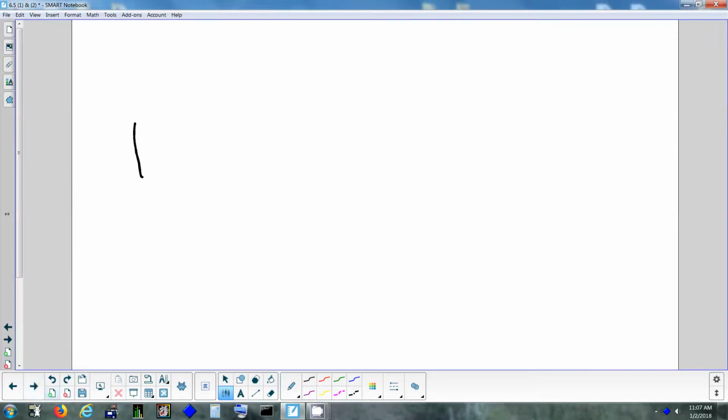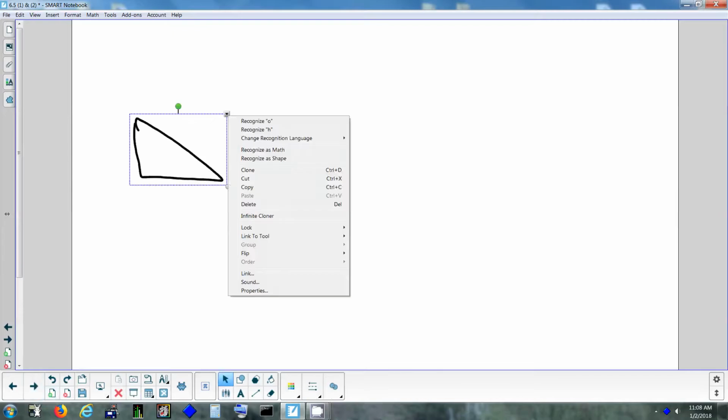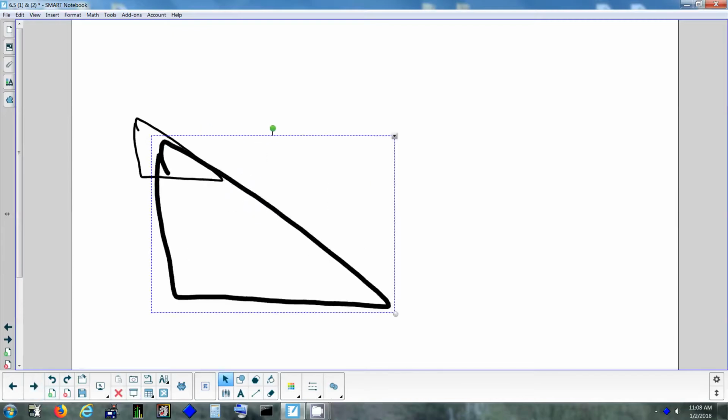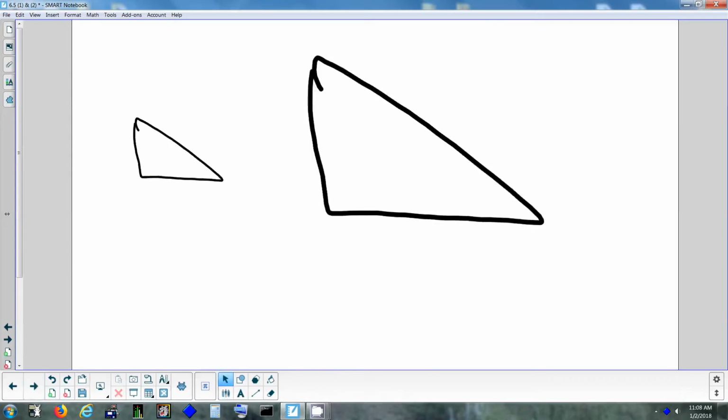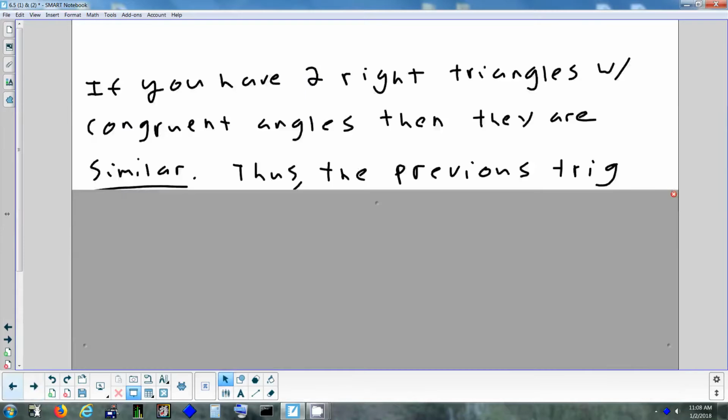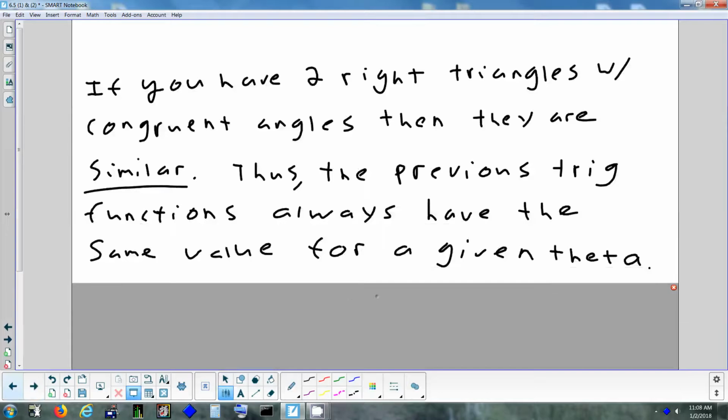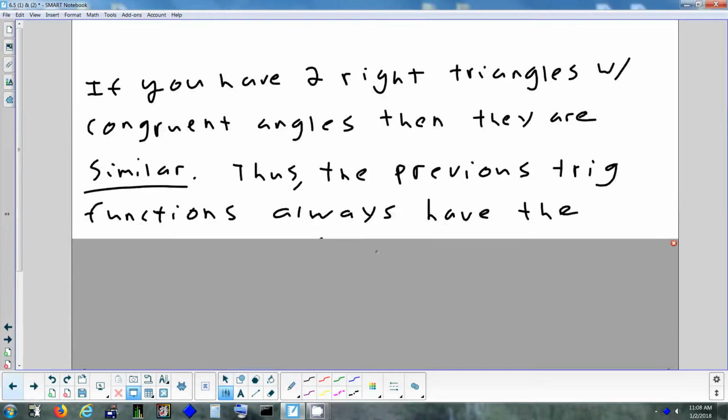You could have 45, 45, 90 that big, or that big. Those triangles are similar. The angles are exactly the same. And the reason that's important, I'm going to show you right now.